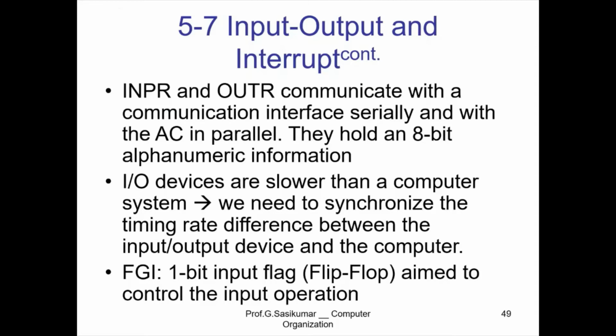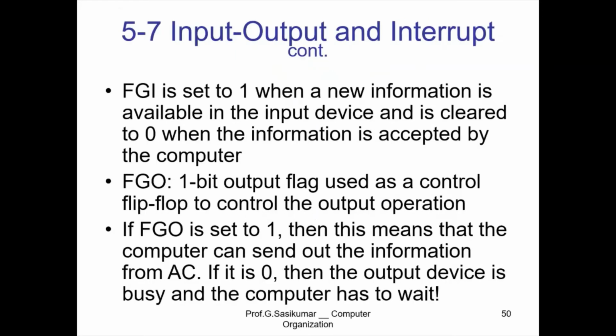So this register is always used to execute the data, maybe input or output. Flag out is similarly also 1 bit, and whenever it is set to 1, that means send out the information from the accumulator. If it is 0, then the output device is busy and the computer has to wait until the previous execution is done.